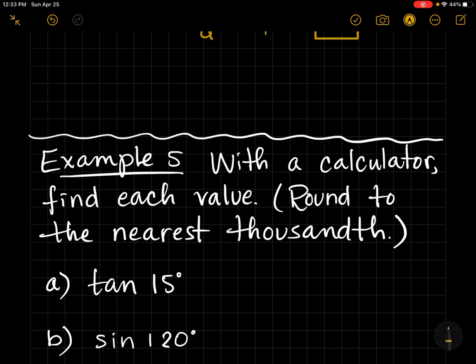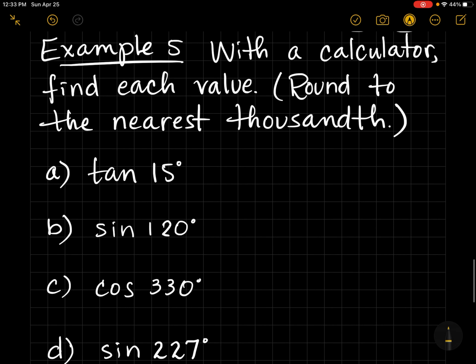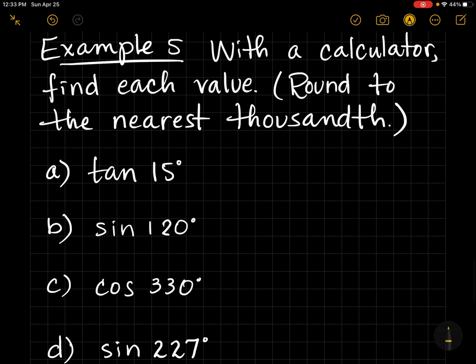Example 4, with a calculator. Go ahead, pause the video, and grab your calculator. We're going to make sure you know how to punch in these values. You don't want to wait until you're taking a quiz or a test to discover you don't know how to punch it in. And I'm asking you to round to the nearest thousandth.